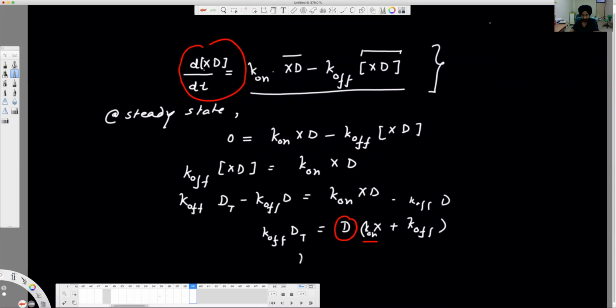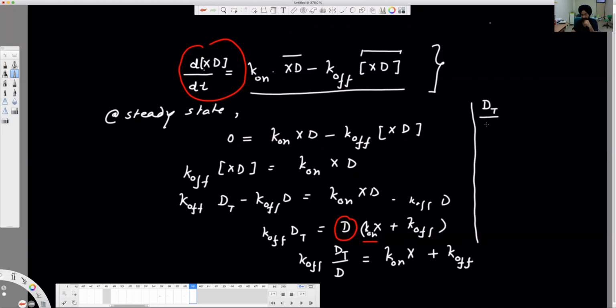So we can write it as K off dt by d is equal to k on x plus k off. Okay, so we are getting the inverse, but that's fine. We can reverse it anytime. So we got dt by d. We actually want d by dt.